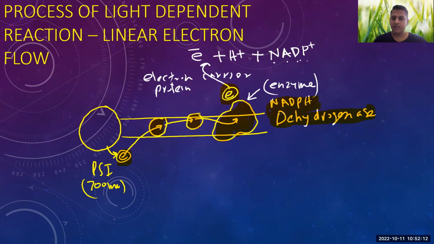After that, this NADP plus becomes NADPH. So I write NADPH here, maybe easier. NADP plus is in its oxidized form and it becomes its reduced form.